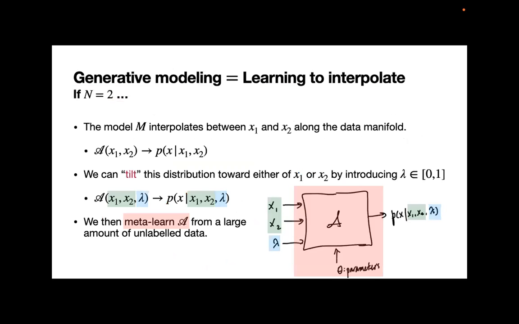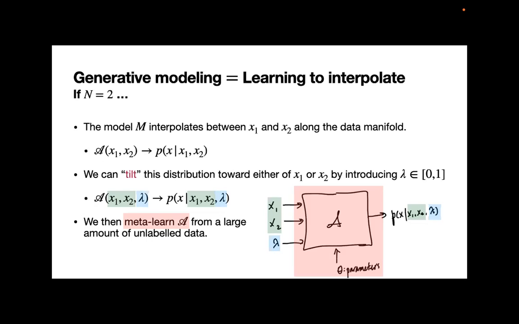So the idea is that if I wanted to make this concrete for interpolation between 2 points, let's say the capital N is 2, what I can imagine is that this algorithm A takes as input these 2 points and gives me a distribution that allows me to draw a sample that is some kind of interpolation between x1 and x2.